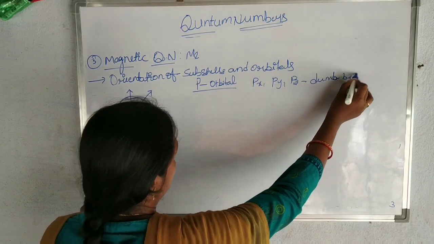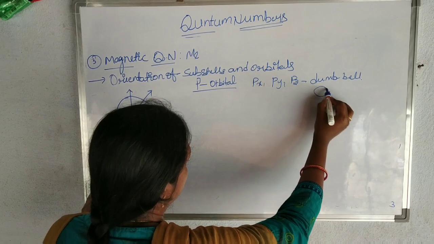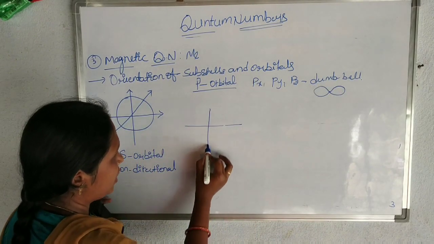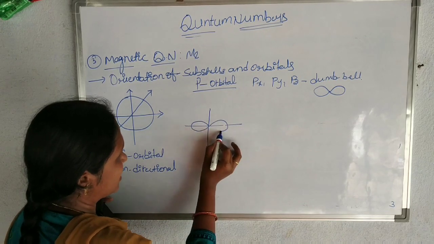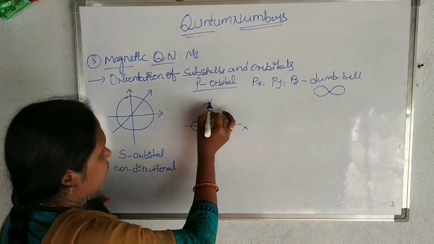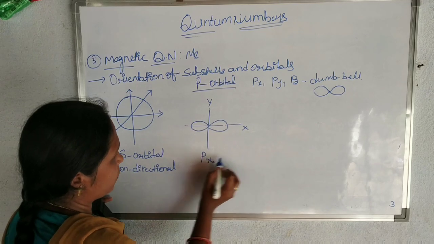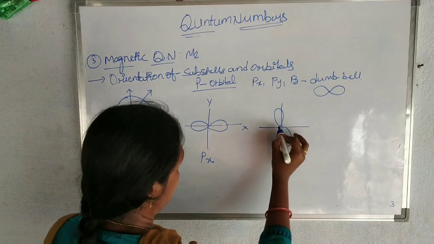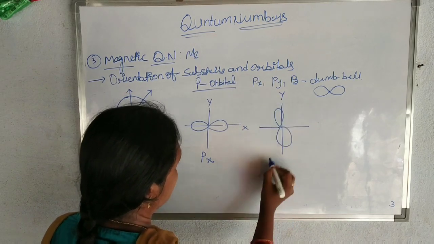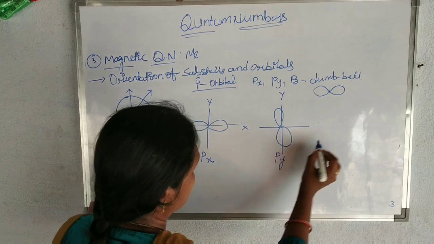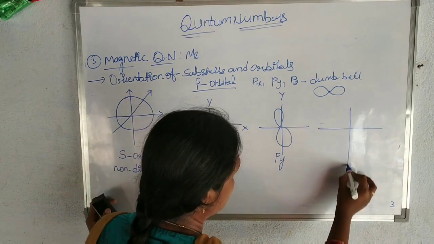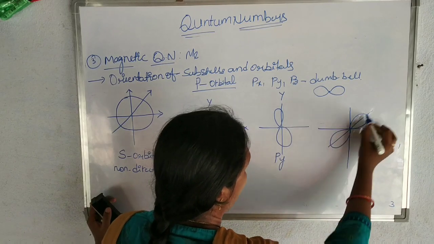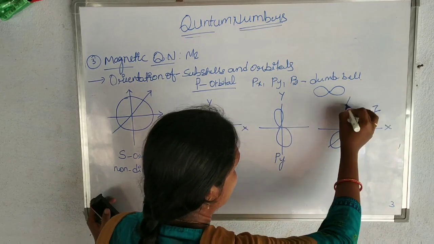Px means the dumbbell is along the x-axis, so we call it the px orbital; the py orbital has the dumbbell shape along the y-axis; and pz has the dumbbell along the z-axis.